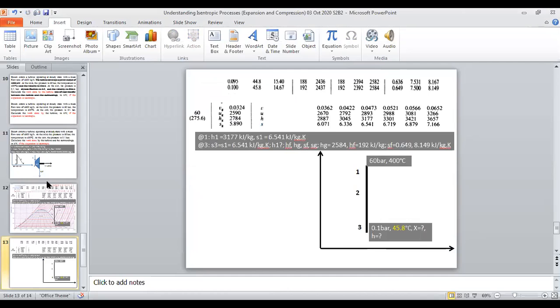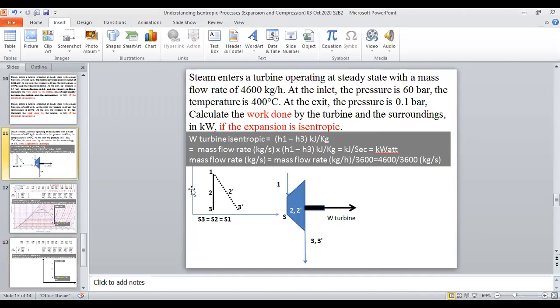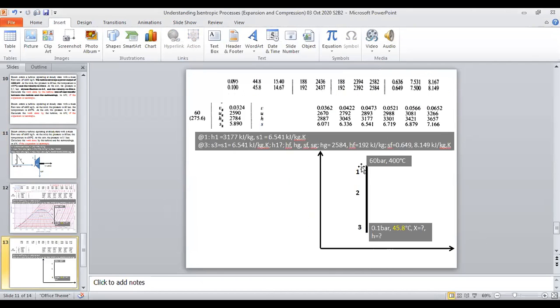You have this, and your temperature axis can be here, entropy axis is here.